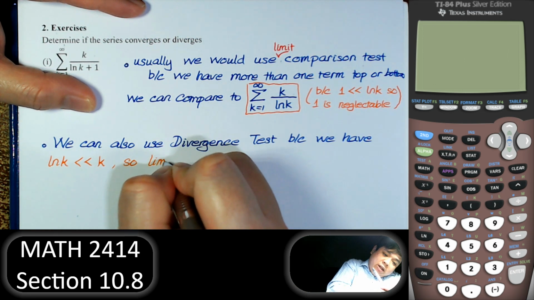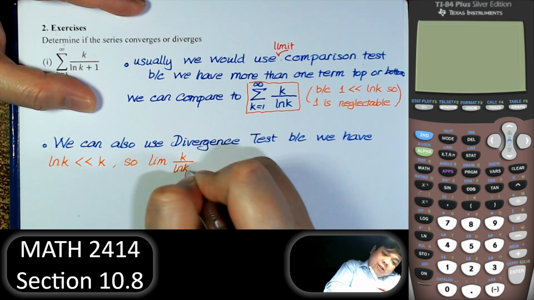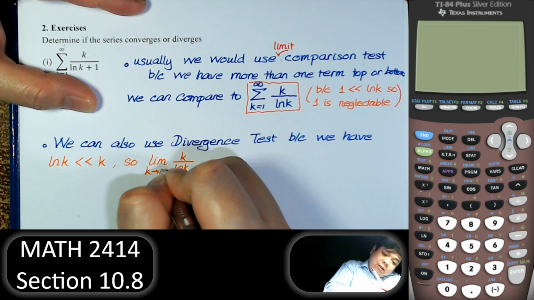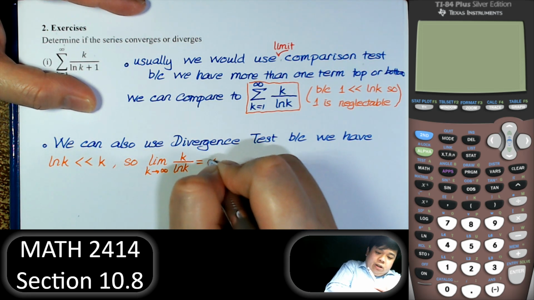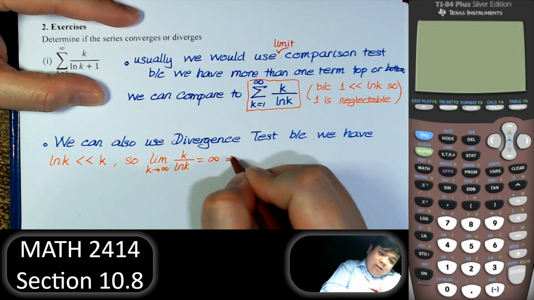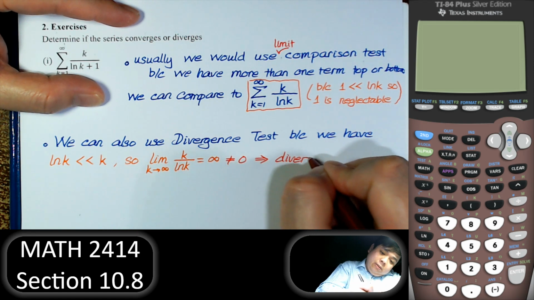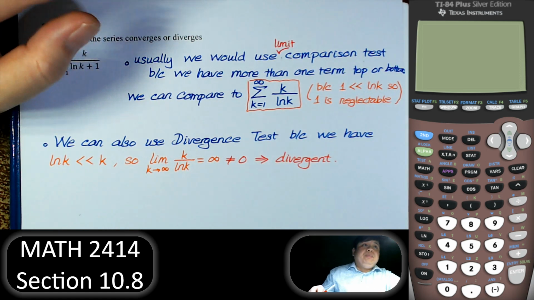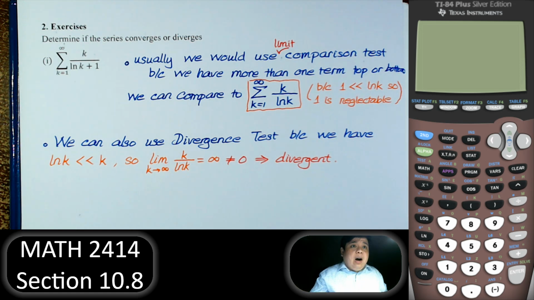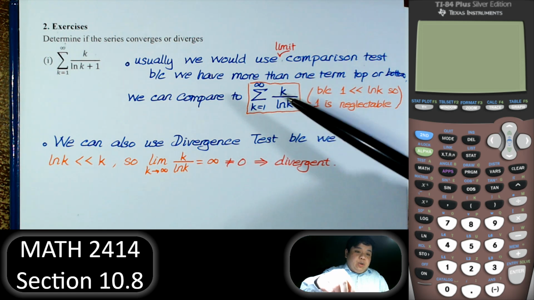So when we take the limit with the faster term on the top, it will be infinity. And if it is not equal to 0, it will be divergence. Right. So in this section I try to write down the reason why we use certain tests, because actually the actual solution is quite simple. So we can use that and we can use that.